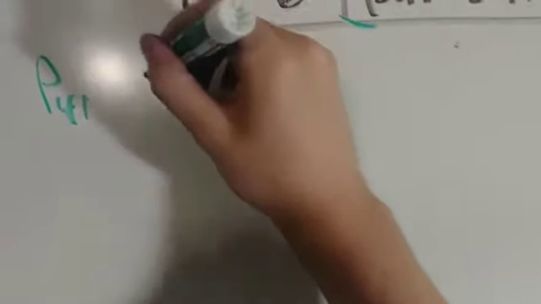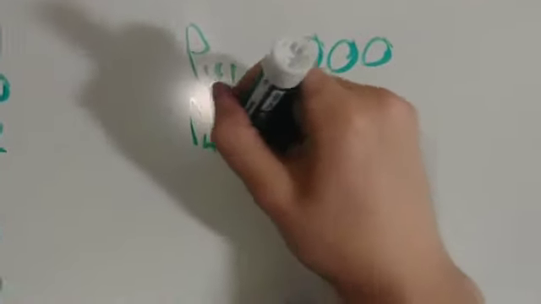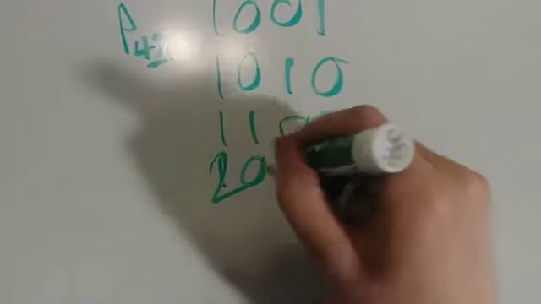which is 1000, P42, 1001, 1010, 1100, 2000.